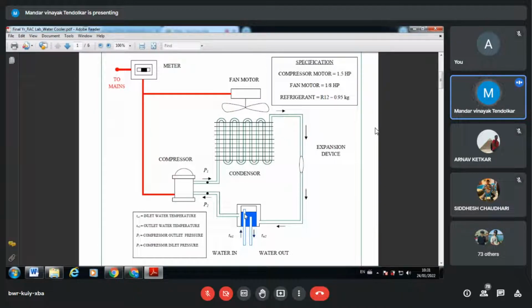Do you agree? First law: heat rejected by the water is equal to heat absorbed by the refrigerant. So heat absorbed by the refrigerant will again be a function of the m dot of the refrigerant and HFG. Whatever the pressure, there is a corresponding saturated temperature, and accordingly the HFG.